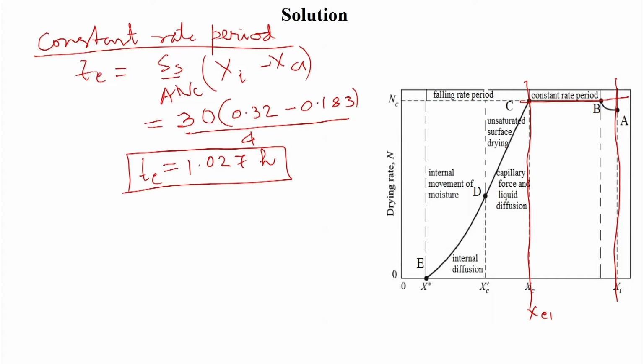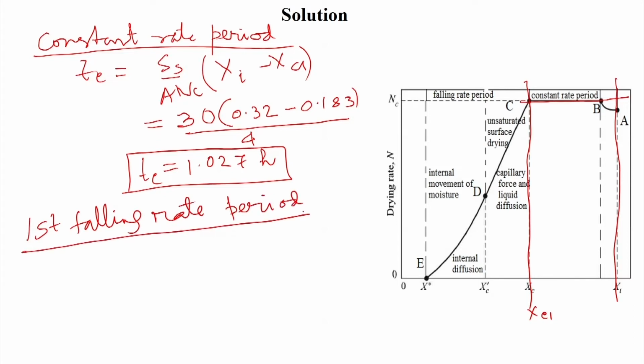Now, we have two falling rate periods. So, for the first falling rate period, Tf1 is equal to Ss by A into integration xc2 to xc1 dx by N. Though we have the minus Ss by A into integration xc1 to xc2, to make this positive we have changed the limits.